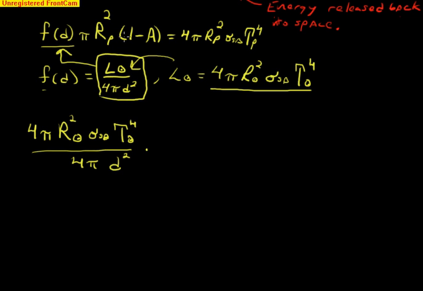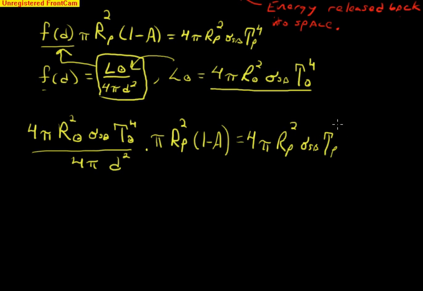Now I have to add this part, times pi times the radius of the planet squared times 1 minus albedo, is equal to, now we have the right hand side, 4 pi radius of the planet squared, Stefan-Boltzmann's constant again, the temperature of the planet to the 4th power.